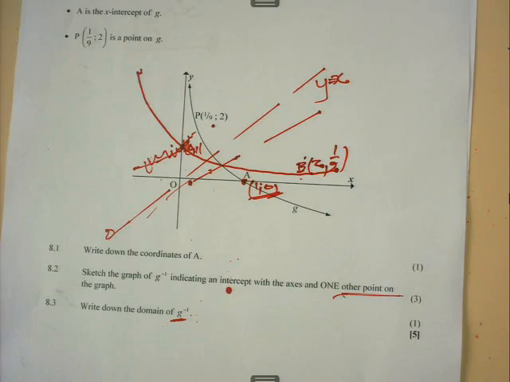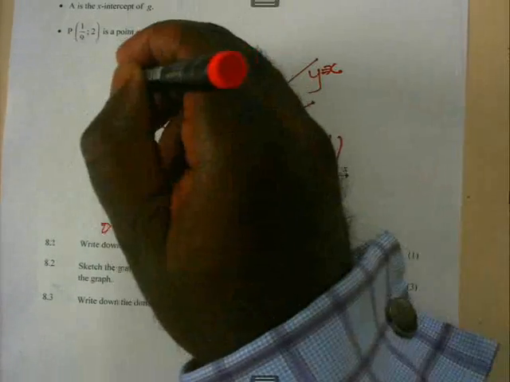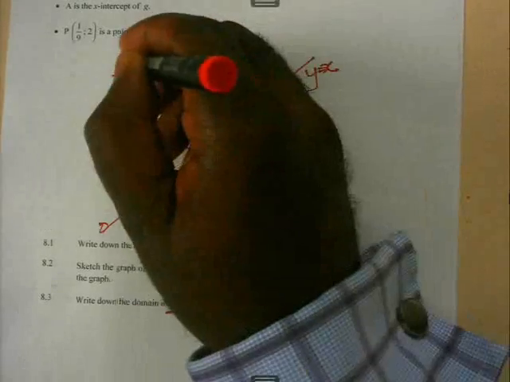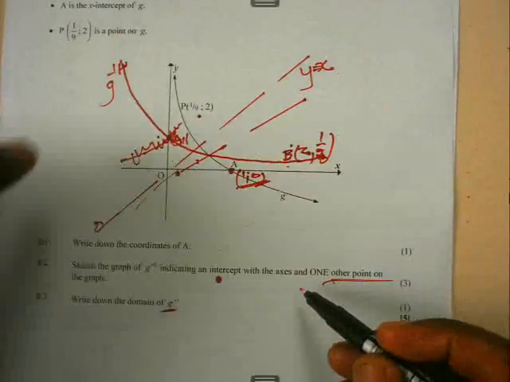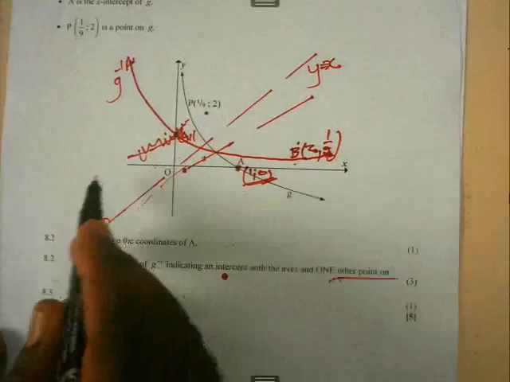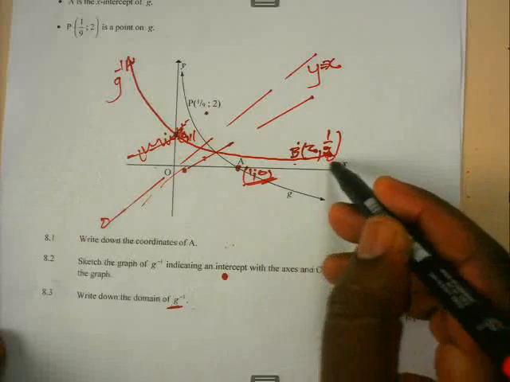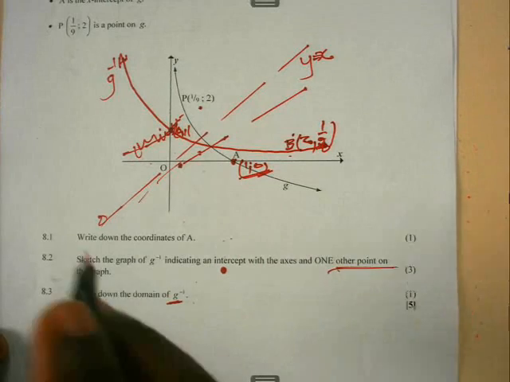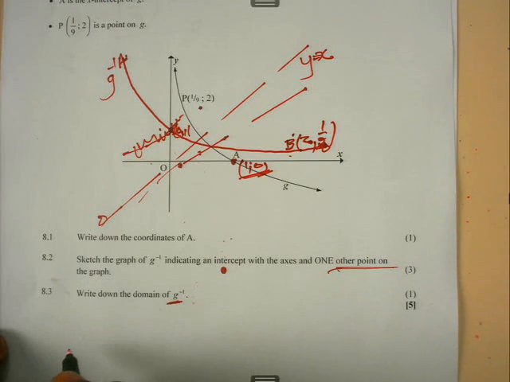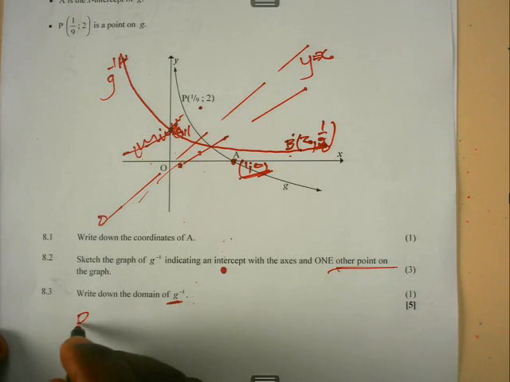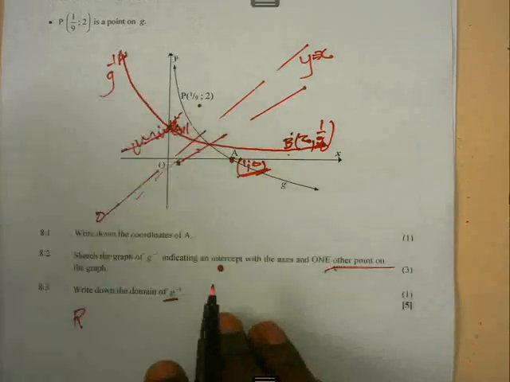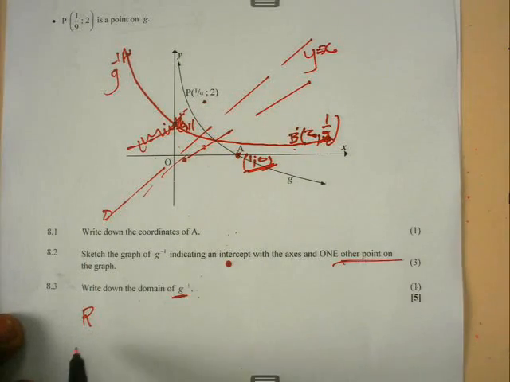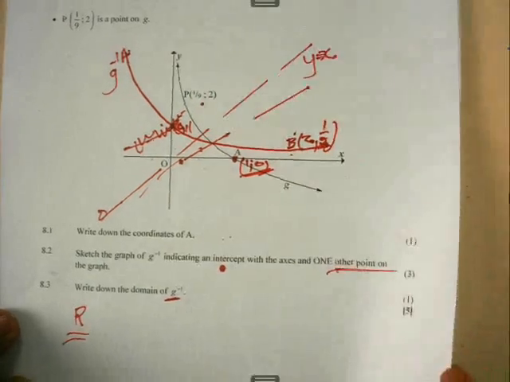If this is our inverse, we realize that it can be extrapolated from negative infinity to positive infinity. So the domain will be real numbers, because it ranges from negative infinity to positive infinity.